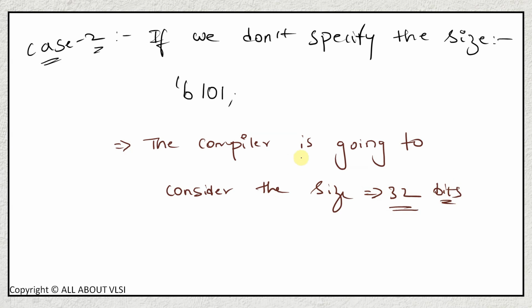If you don't specify the size, then the compiler is going to consider the number of bits to be 32. The 3 bits will be present in the LSB, and the remaining bits will be appended with zeros in the MSBs. So this is case 2.